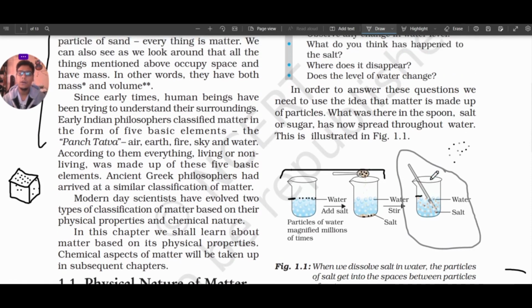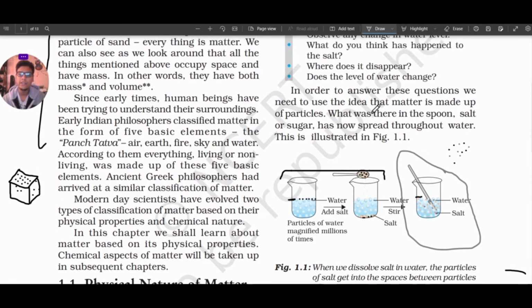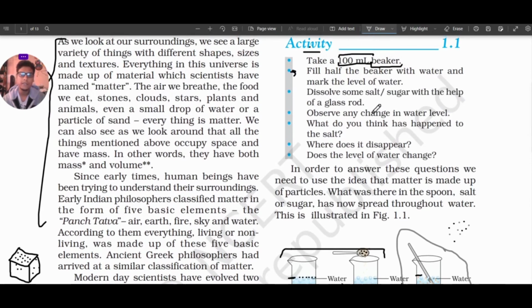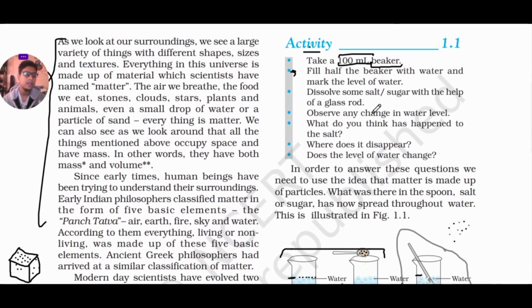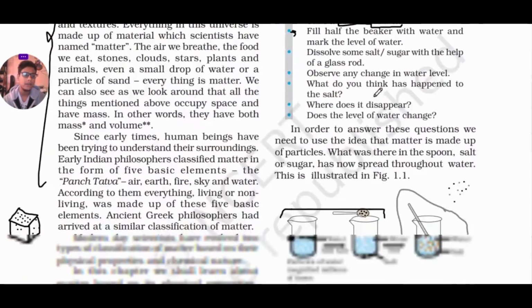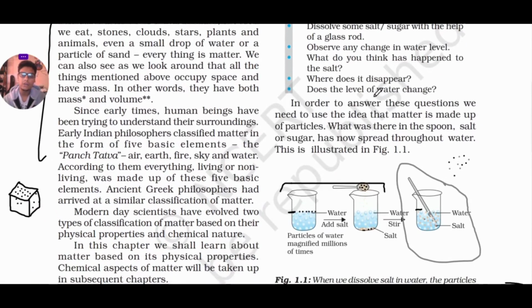This activity describes that everything, like water, salt, and everything in existence, is made up of particles, which is called matter, and matter has different states. Salt is not like water, and water is not like salt. So water has different properties of matter and salt has different properties of matter.